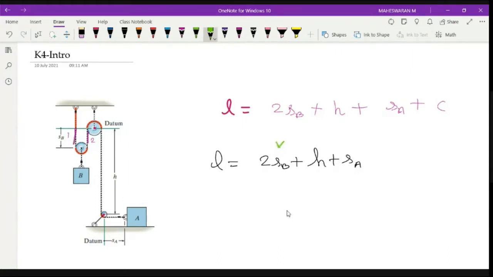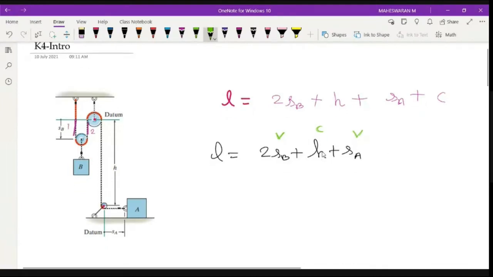What about H? Is it a variable or constant? It's a constant, because whatever happens, this value will be the same. What about SA? It's a variable. So you have two variables and one constant that you have to identify.